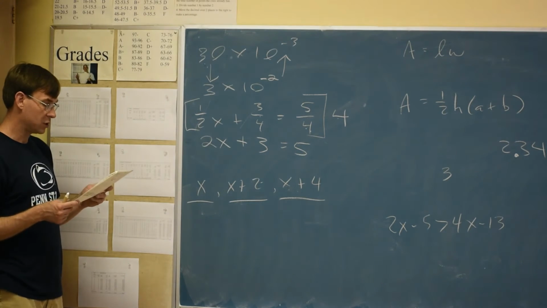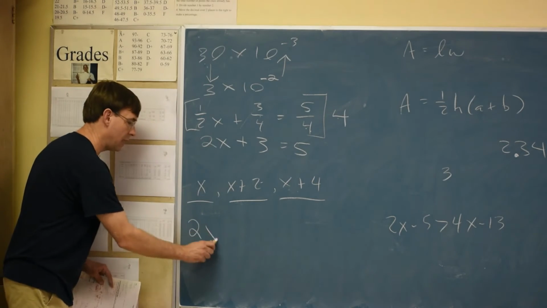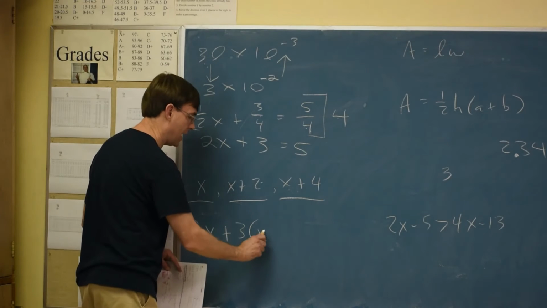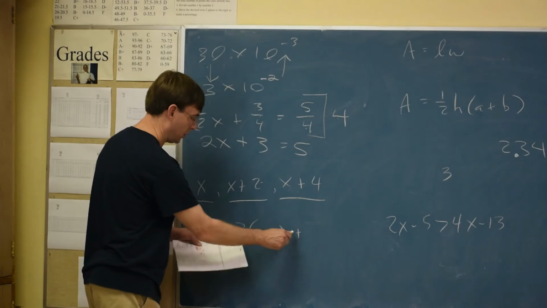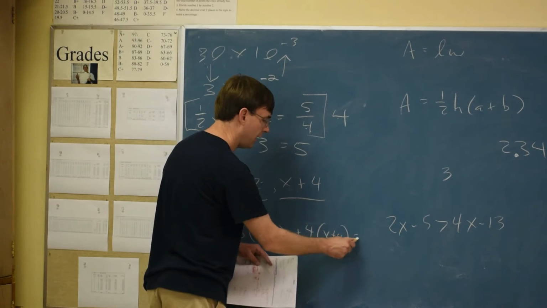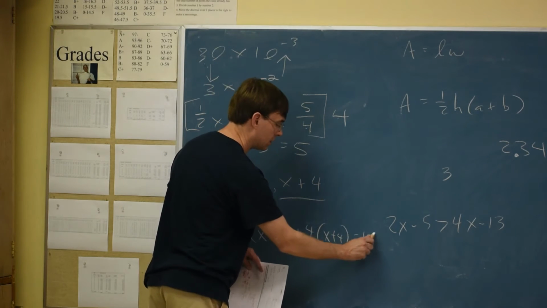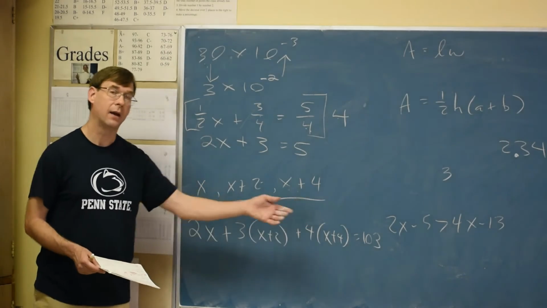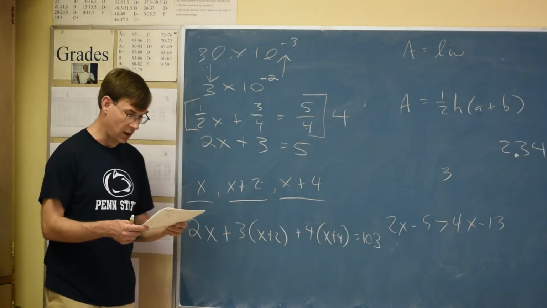The story says we want to do 2 times that first one, plus 3 times that second one, plus 4 times that third one, and it is 103. You'd want to distribute all of that. You'd want to combine all those like terms.